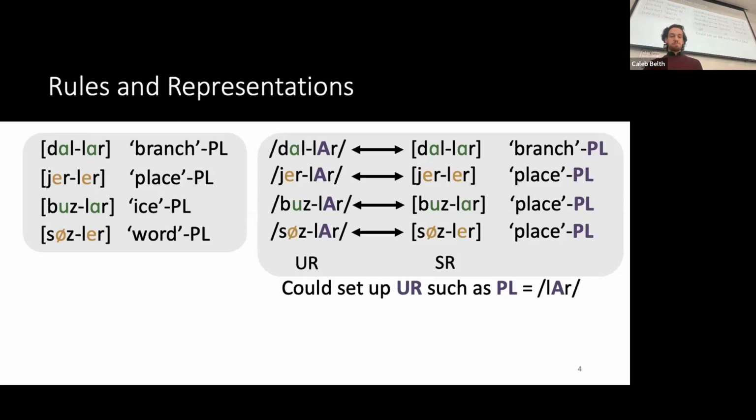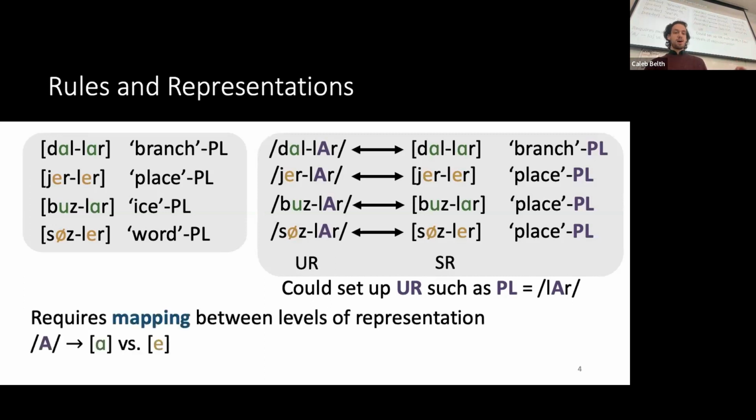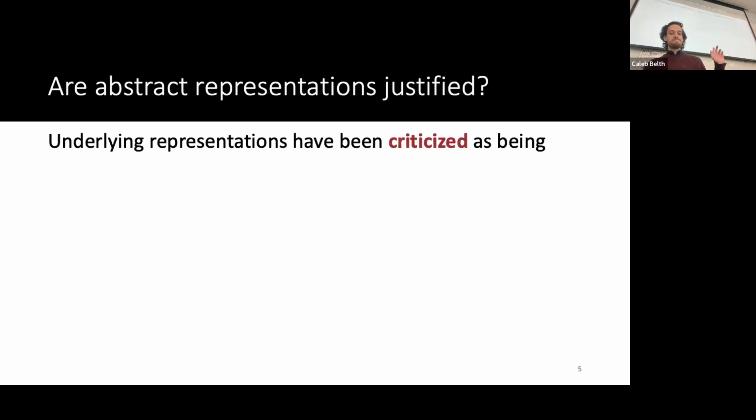Okay, so this is potentially familiar to anyone who's done sort of introductory phonetics, phonology, or even introductory linguistics. But this sort of analysis using some sort of underlying representation has, in some cases, been criticized.